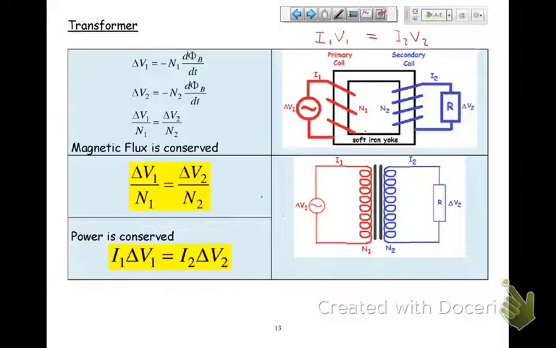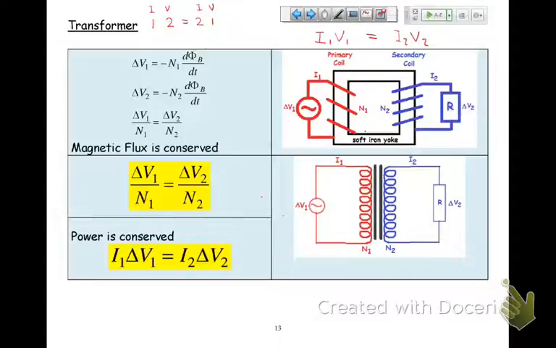So if I have a choice of 1 amp and 2 volts, so this is I and this is V, or 2 amps and 1 volt, these are the same power, agreed?